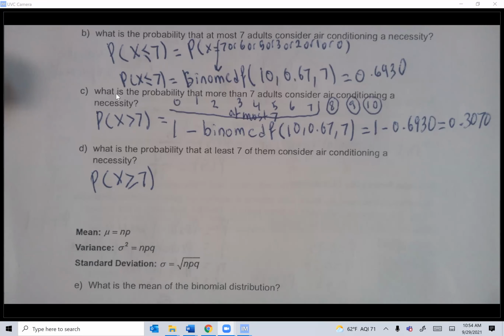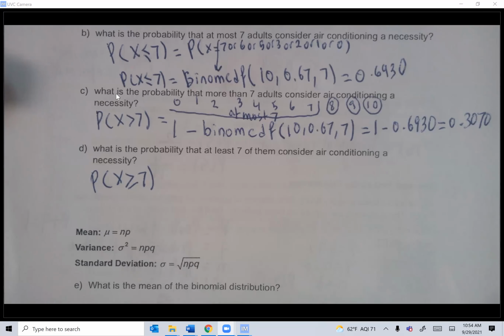Can someone put them in the chat? What would they be? If you can list them for me. So 0, 1, 2, 3, 4, no, 5, 6, 7. That's the other way around. 7, 8, 9, 10. Exactly, 7, 8, 9, 10.